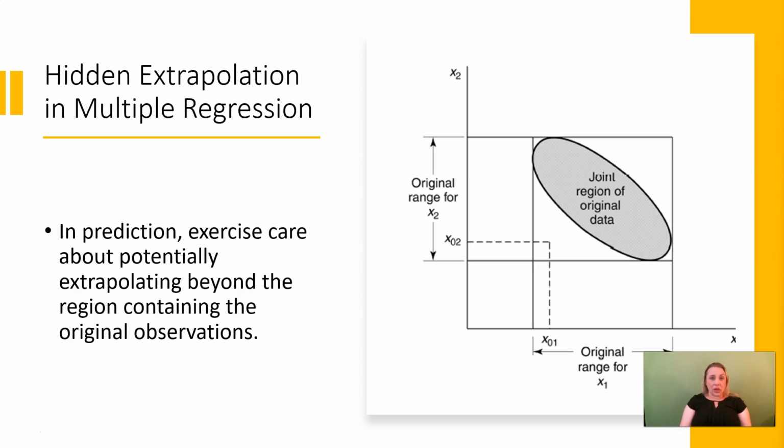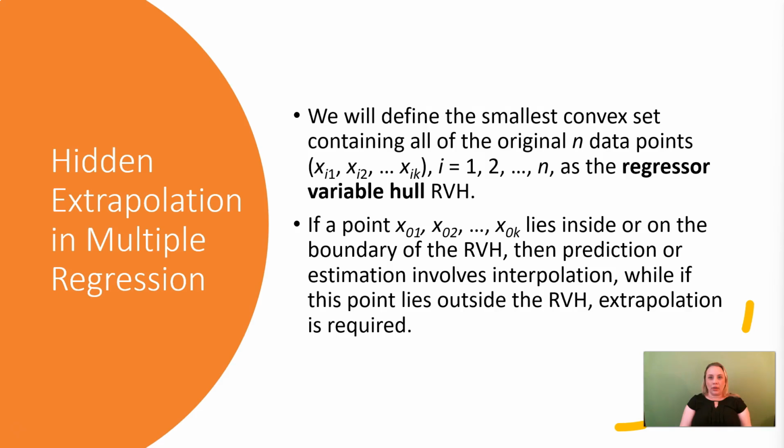In prediction, make sure you're being very careful about extrapolating beyond the region that contains the original observations, because as we go to the edges of our predicted model based off of our training data, our predictions become less reliable. Something else we're going to look at is hidden extrapolation in multiple regression.